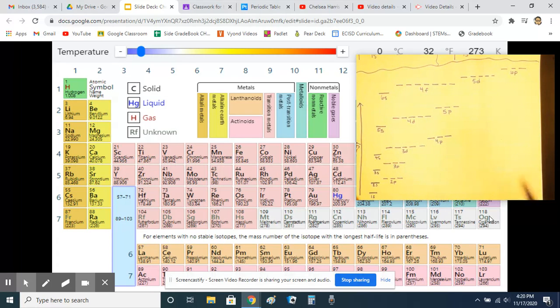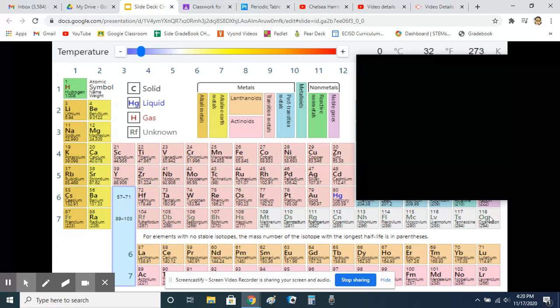So let's look at one of the largest elements on the periodic table that will require us to fill in a much larger orbital diagram. Let's try element number 100.